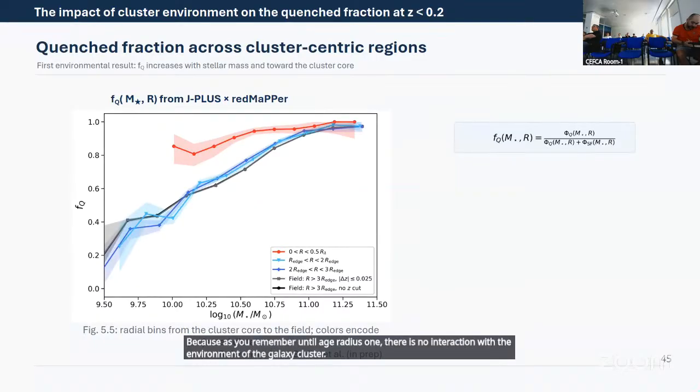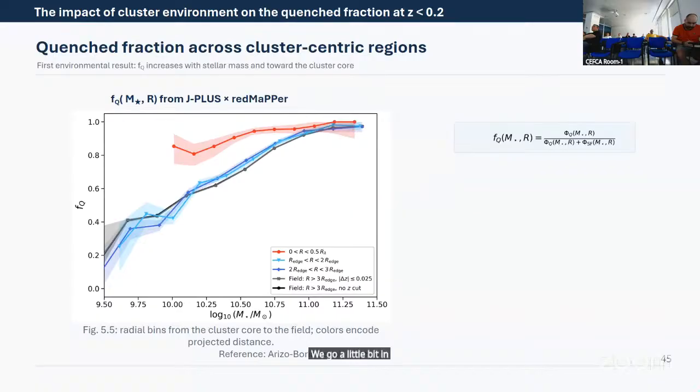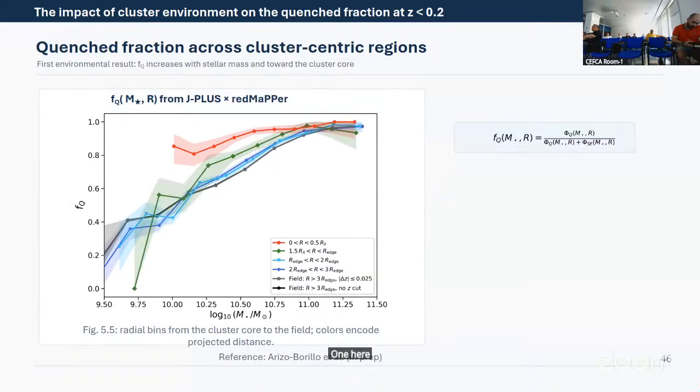We go a little bit in with H radius 1 and 2. It's very similar as well. And here is the big change. We go from H radius 1 to 1.5 R lambda. Here we can see basically this jump. Now we see that the galaxies are more affected by the environment.